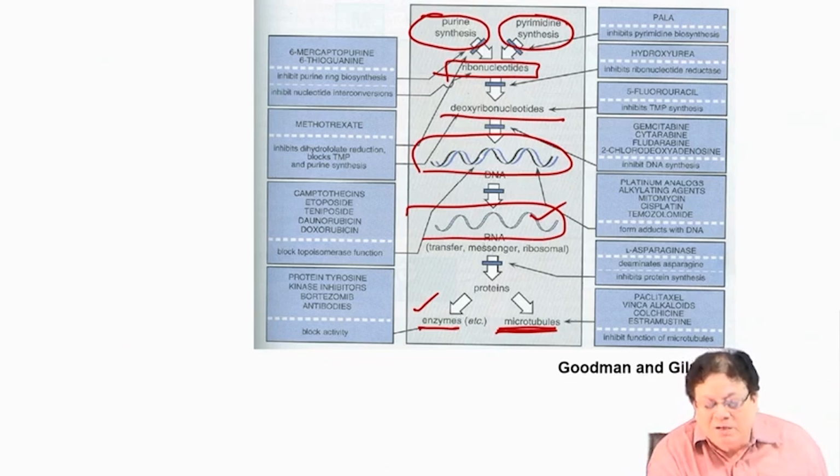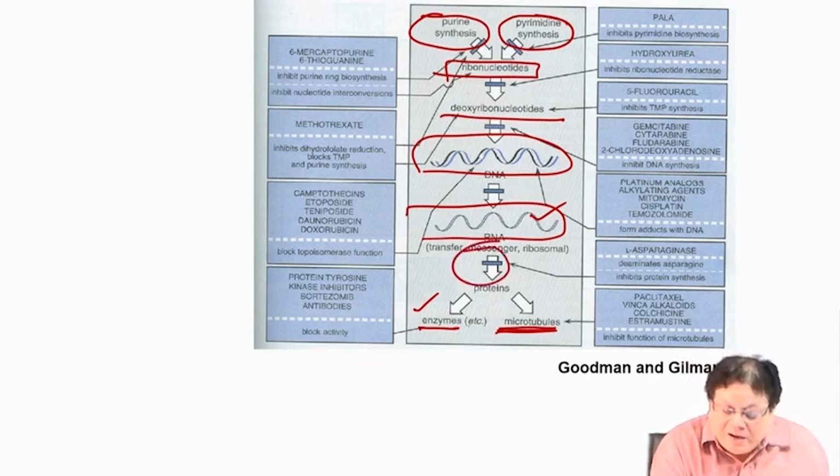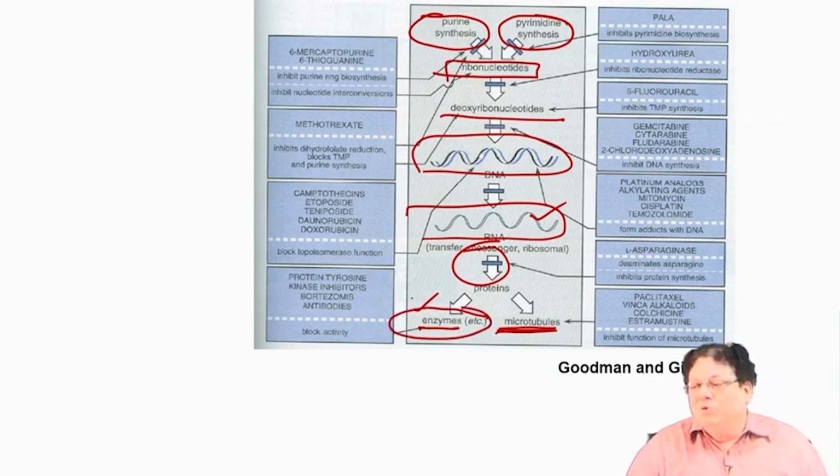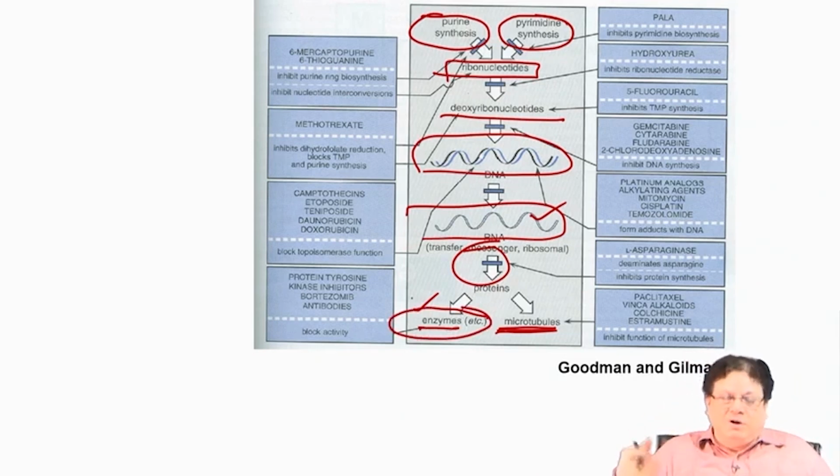So, you can stop the translation process, and then at the enzyme level you can also target different enzymes which are vital for the growth of the cell, okay.